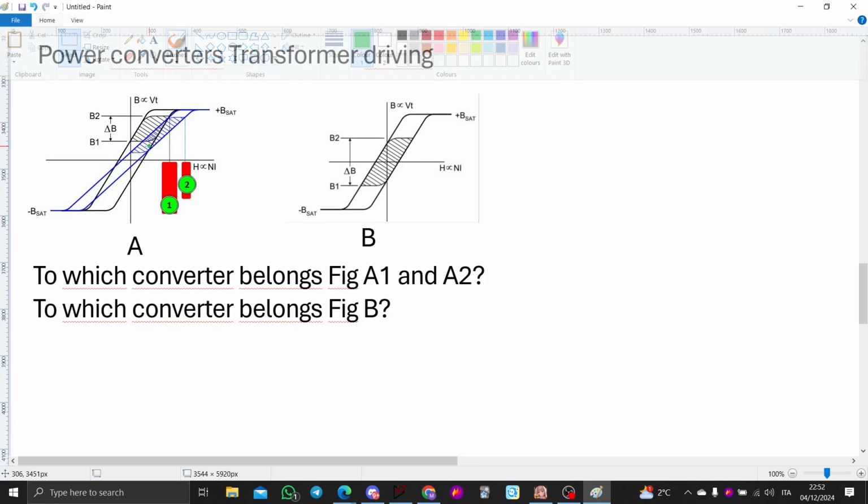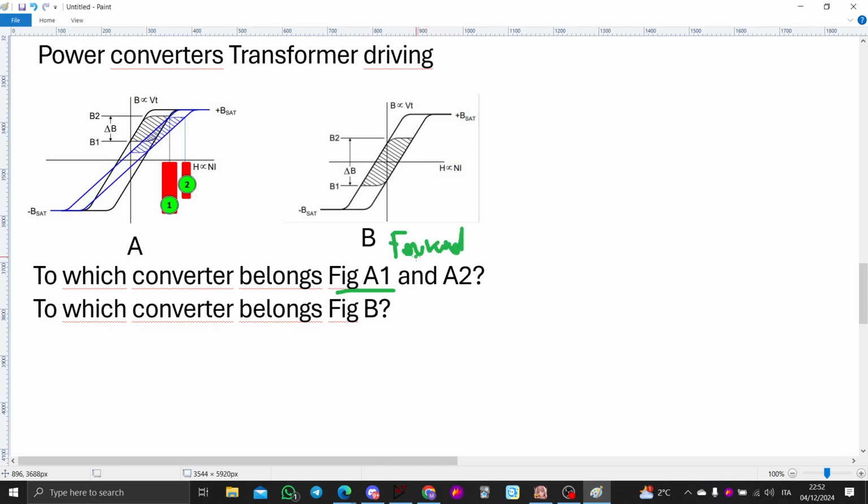Basically, A1 belongs to any kind of converter which operates in a single quadrant. So the first, A1, belongs to a forward, because the forward operates in the first quadrant, and the second, A2, belongs to a flyback because it has the air gap.